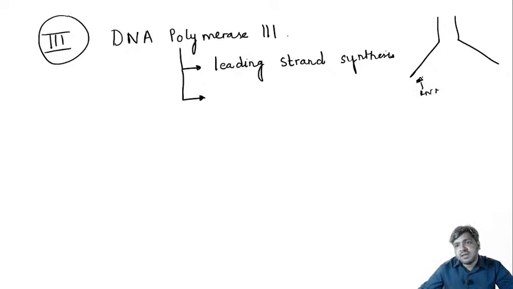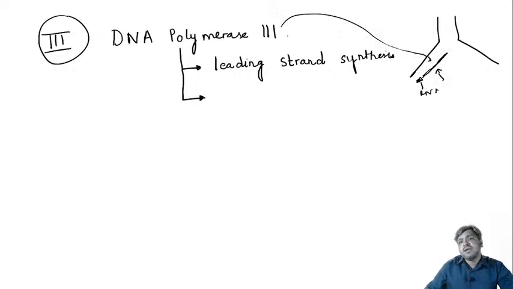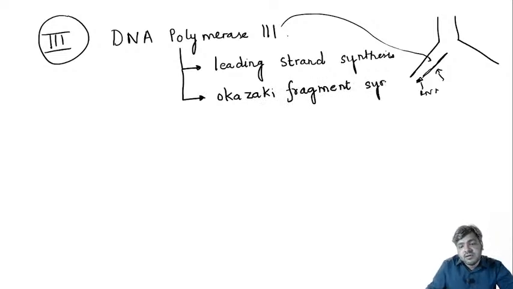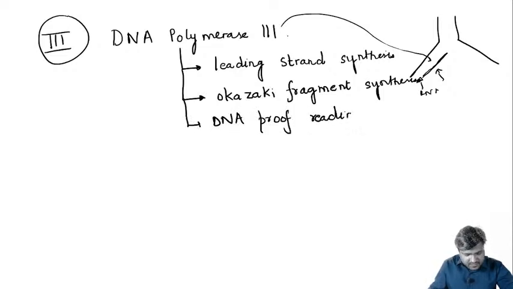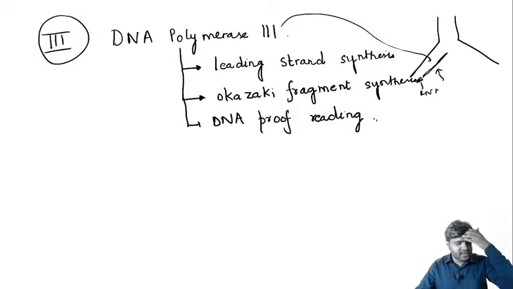Ultimately, the leading strand will be formed by the action of DNA polymerase 3. Apart from that, it also helps in Okazaki fragment synthesis, which I have already told you in my previous video, and it is also involved in DNA proofreading.